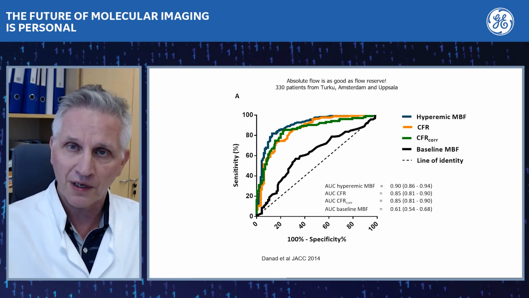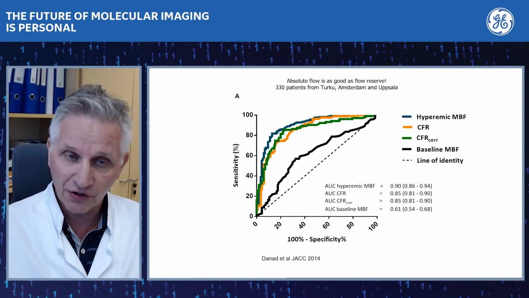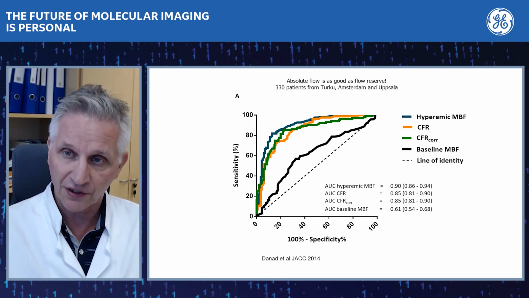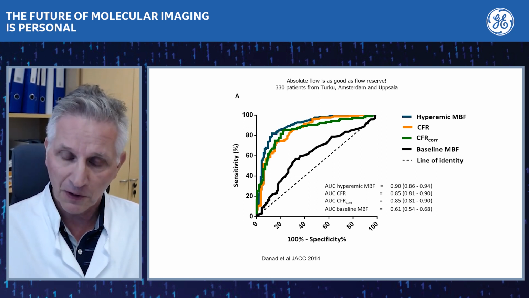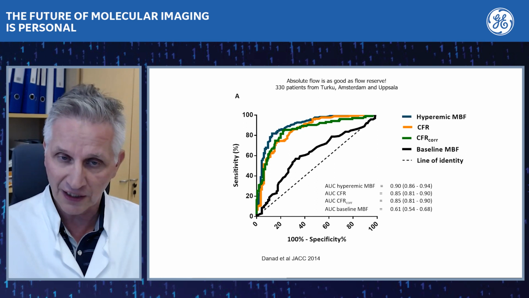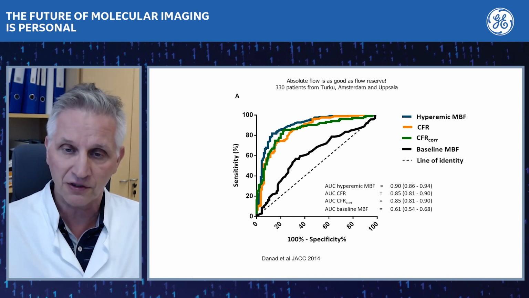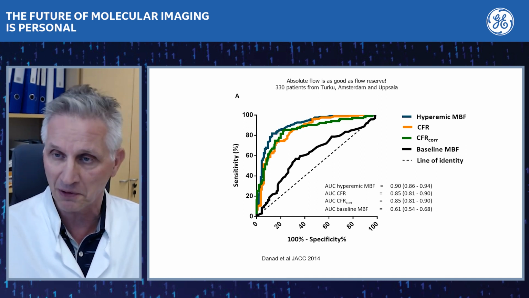We also showed that when you use absolute quantification, you don't need to use rest and stress imaging, because in most of those patients only stress imaging is needed. Only in patients with known disease or previous myocardial infarction or LV dysfunction, then of course rest and stress need to be performed.